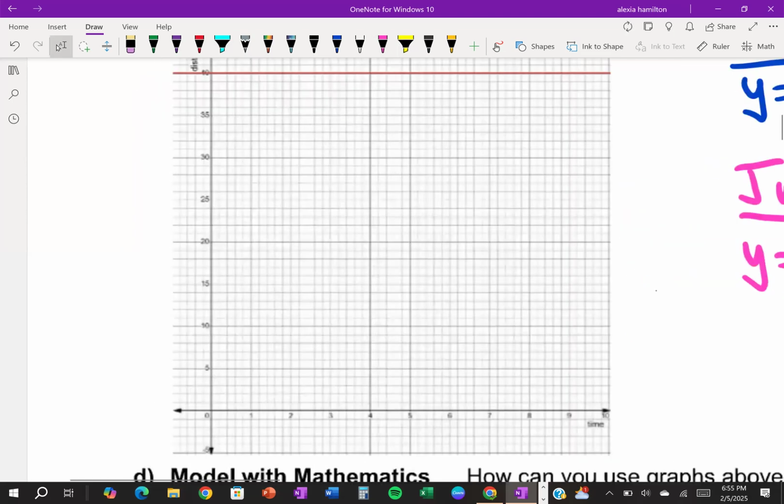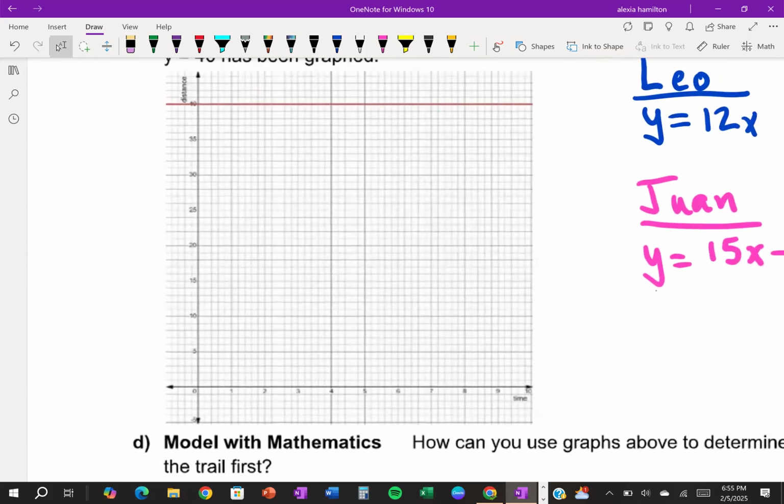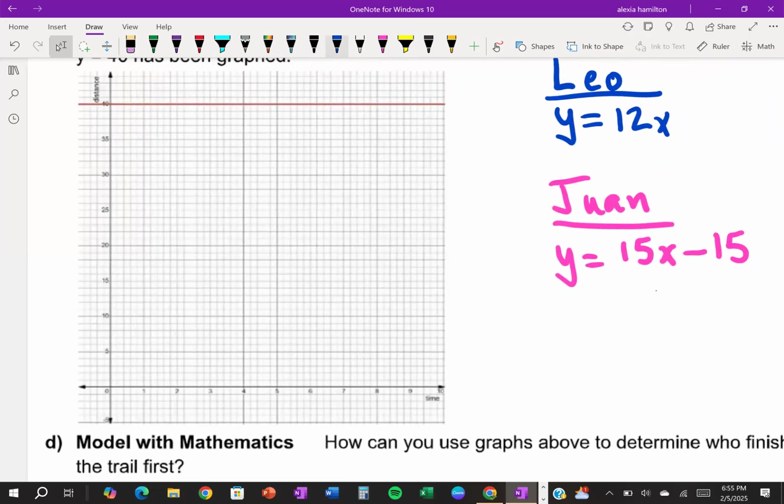And then I have the benefit of zooming in a little bit. So the y-intercept for Leo is 0, plus 0. And my slope is up 12 over 1. So for Leo, starting at 0, we're going to go up 12 and over 1. And then we'd go up another 12, so we'd get to 24.